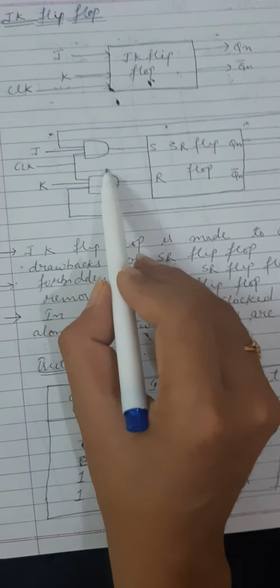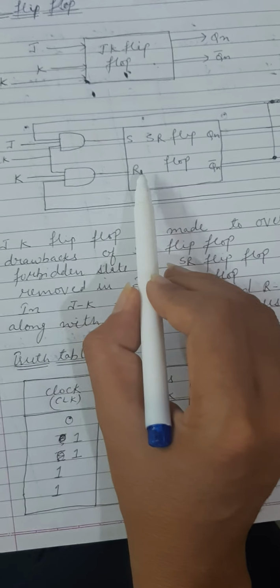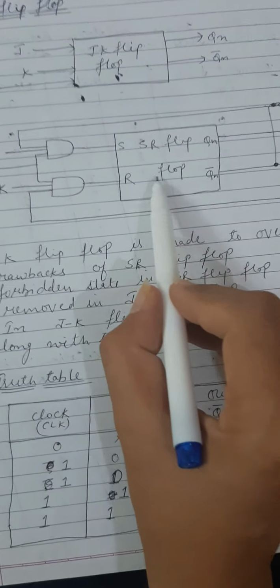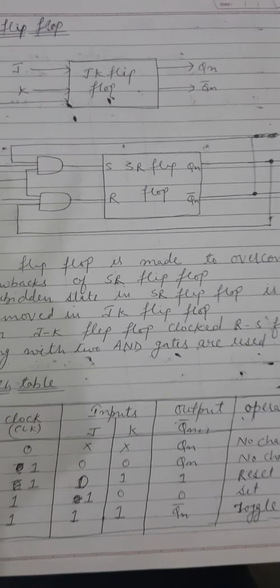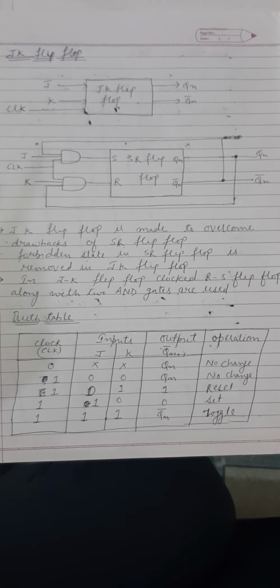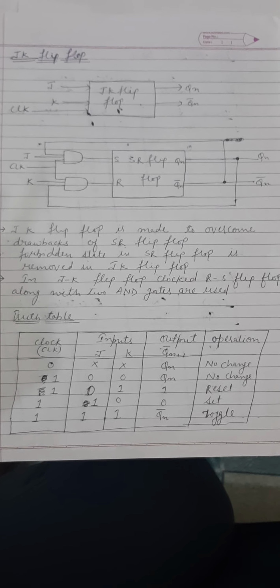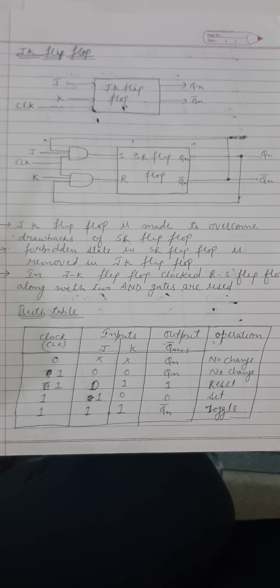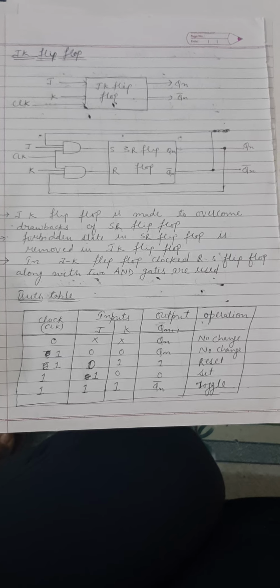These three inputs are given into this AND gate, and the output of this AND gate is applied to R, and then the whole working will follow as the working of SR flip-flop. Now you can read here, JK flip-flop is made to overcome drawbacks of SR flip-flop. Forbidden state in SR flip-flop is removed in JK flip-flop. In JK flip-flop, clocked SR flip-flop along with two AND gates are used.